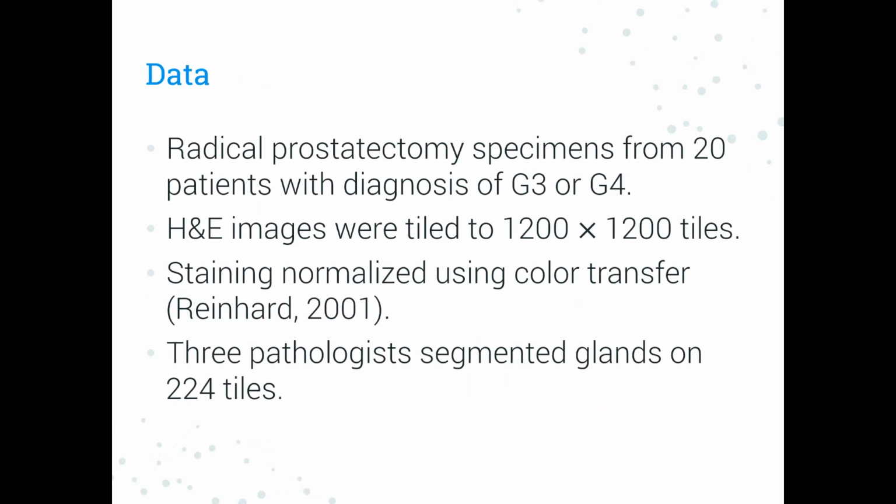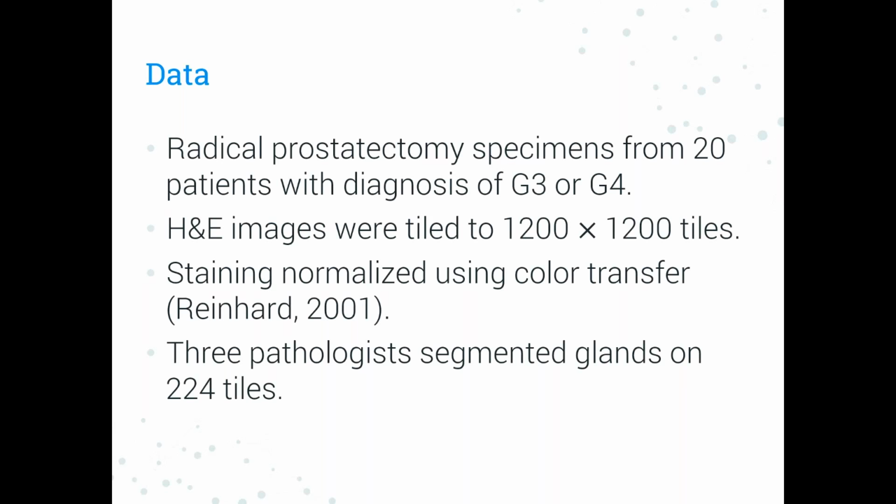So our data for this set consisted of 20 patients with a diagnosis of Gleason 3 or 4. We had H&E images that were tiled to 1200 by 1200 tiles. You can imagine this staining process is performed by humans, and there can be a lot of differences in techniques. Some slides are overstained, meaning they're a lot darker.